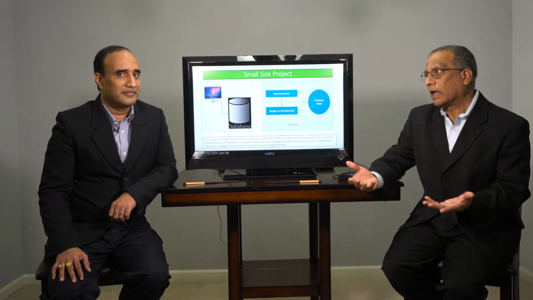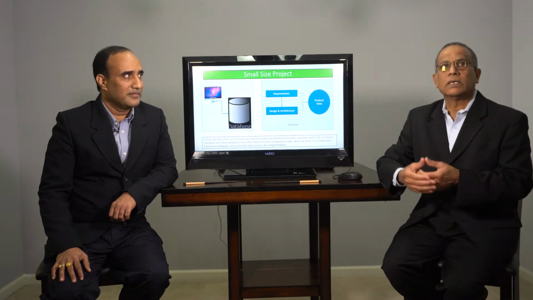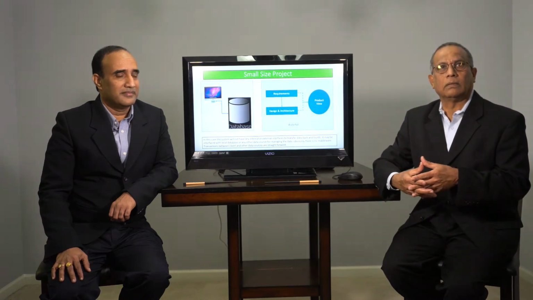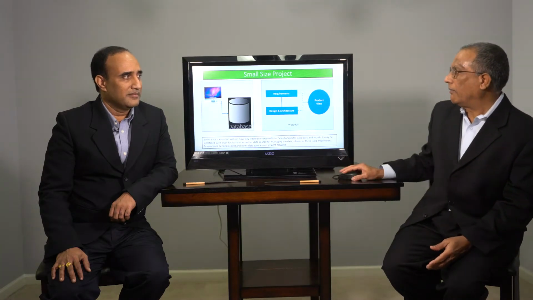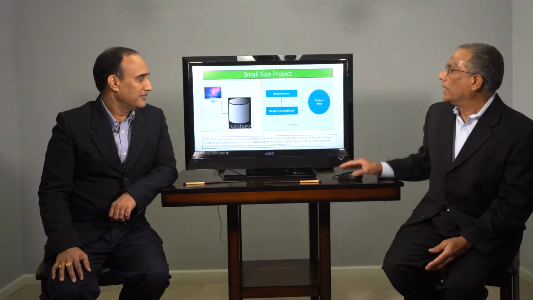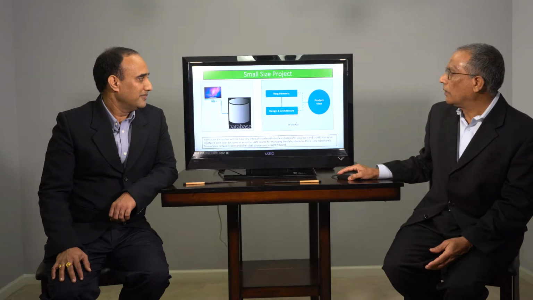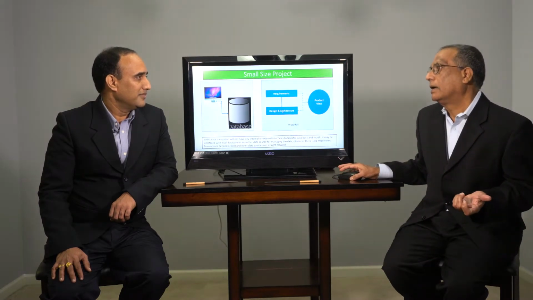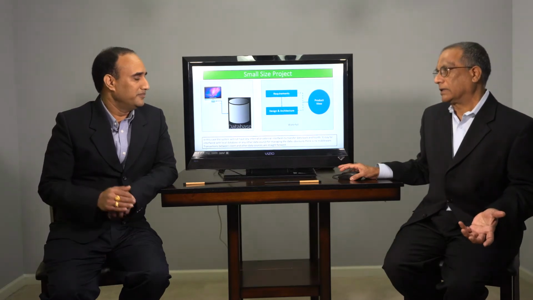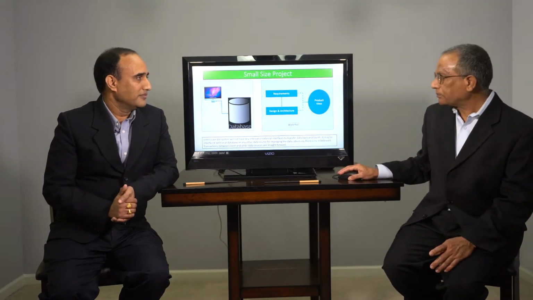It could be a simple database and things like that. Since there are no interfaces, it is the small one. The way you customize the process is, you can see you have the requirements and design architecture. You don't have any interface requirements here. So that's why it's a small one.